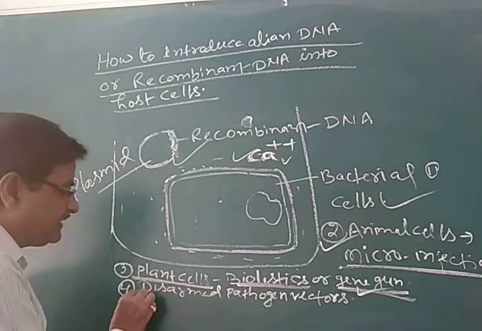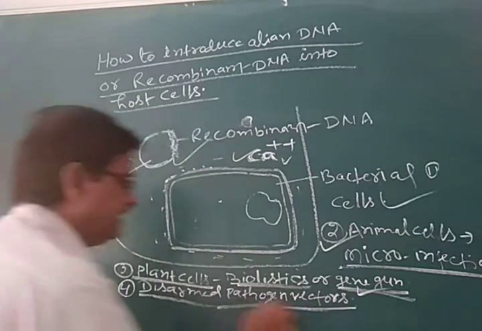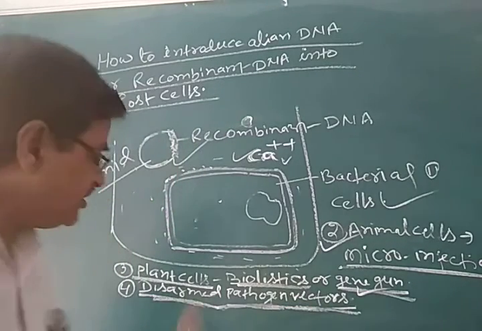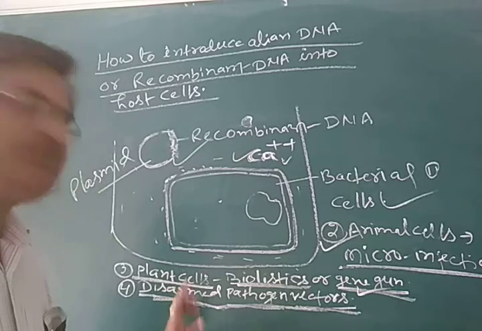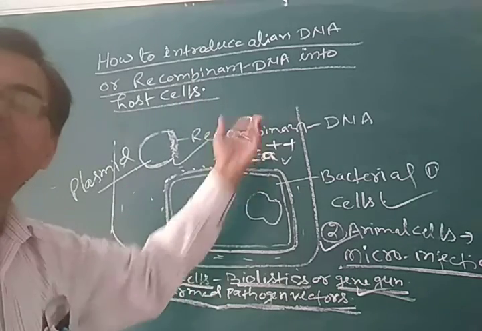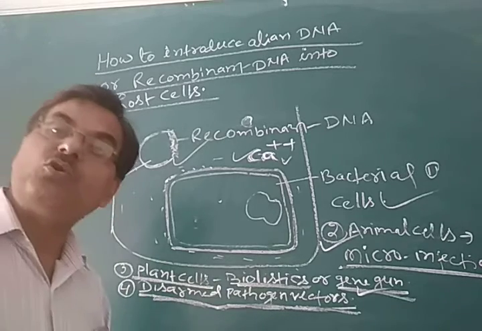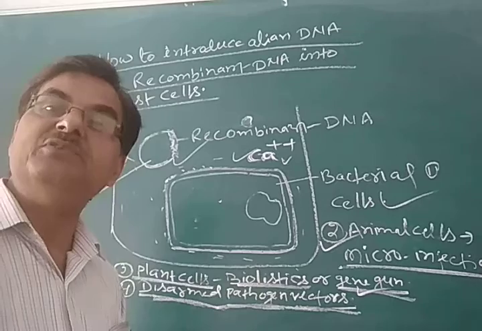So the fourth method that we can use is the disarmed pathogen vectors. Disarmed pathogen vectors can be used to introduce the plasmid or alien piece of DNA into the plant cell or animal cell. For example, we can use Agrobacterium tumefaciens. We have already studied Agrobacterium tumefaciens.